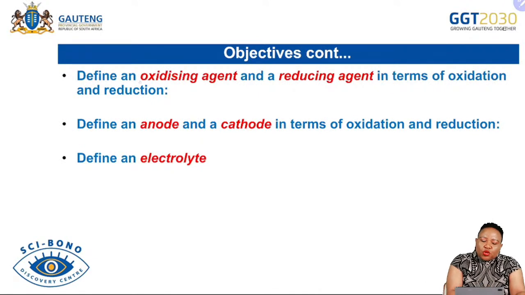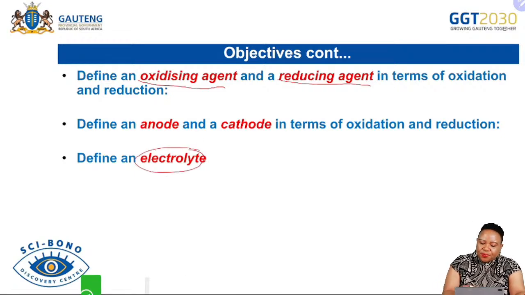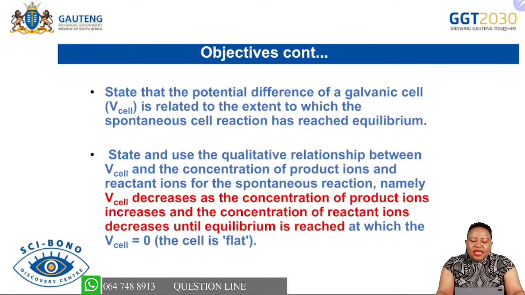We're also supposed to look at oxidizing agents and reducing agents in terms of oxidation and reduction, and also define our anode and cathode in terms of oxidation and reduction, and the definition of an electrolyte. We'll look at how the potential difference, or the cell potential, is related to the spontaneity of a cell, to reaching equilibrium, and what will also decrease the cell potential as the cell is in operation.